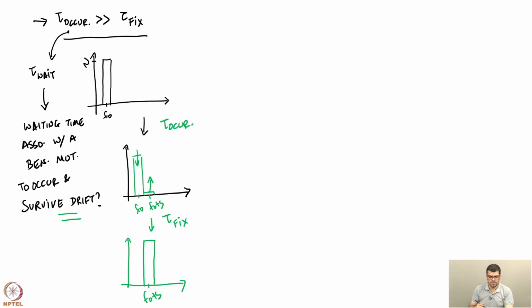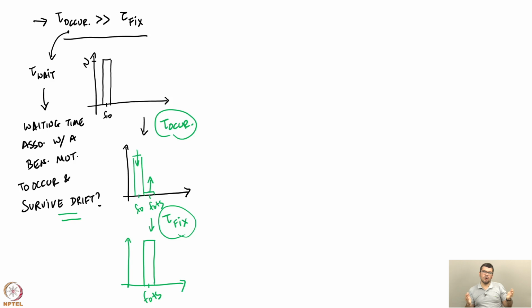So, in the first regime, tau occurrence is much bigger and tau fix is much smaller. As a result, if you imagine this population, the fate of this population in a chemostat is going to be the following: you have an isogenic population, all individuals of the same genotype. Eventually, one of them will acquire a beneficial mutation, and this beneficial mutation will survive drift.